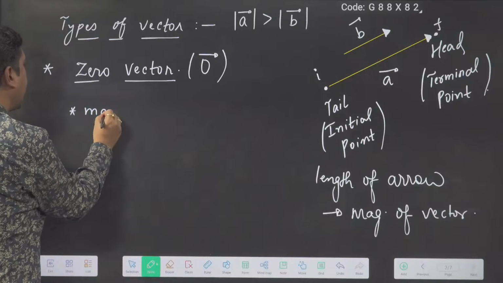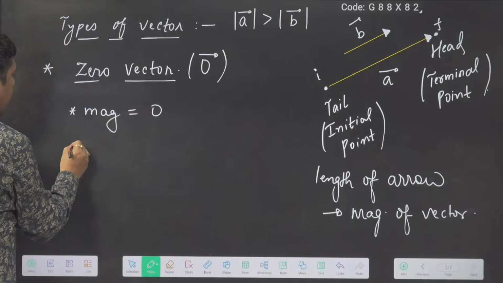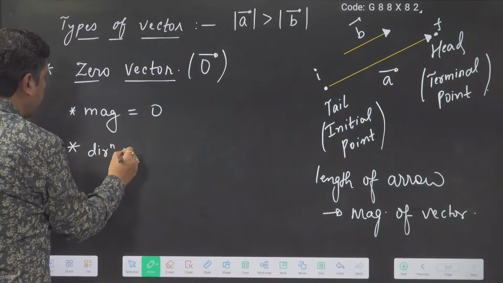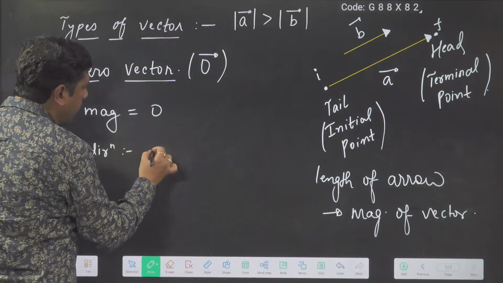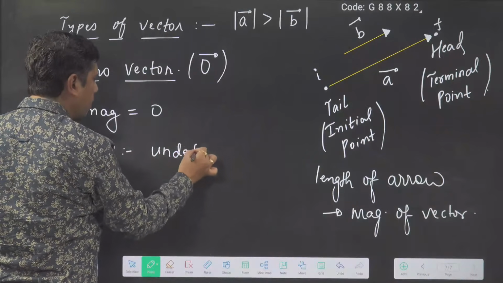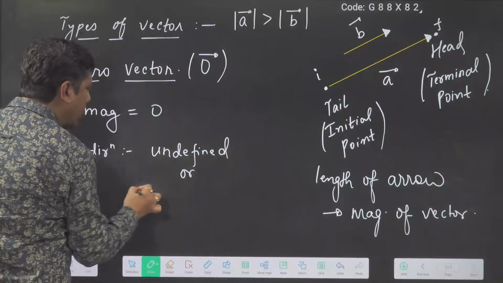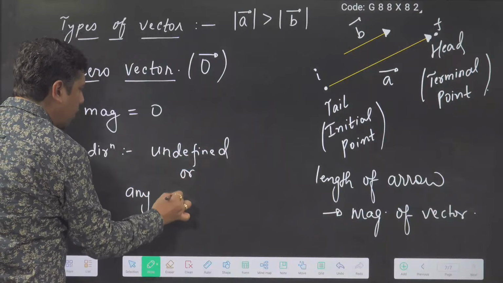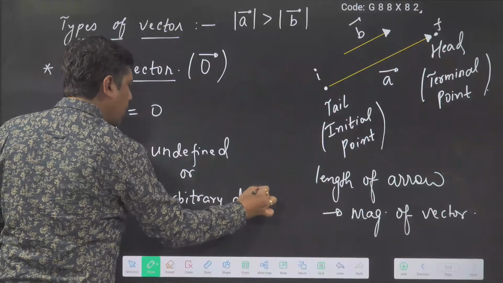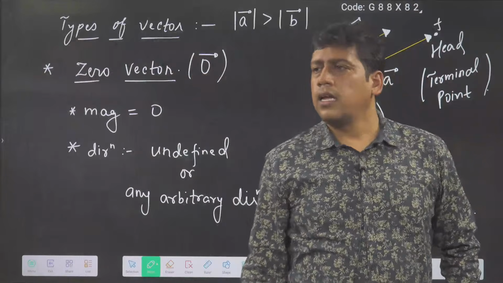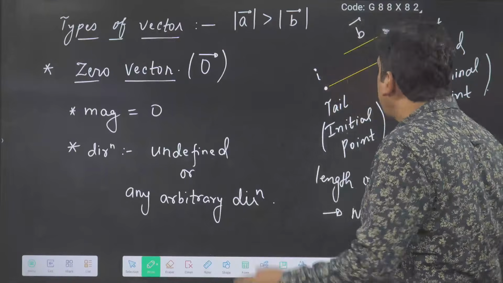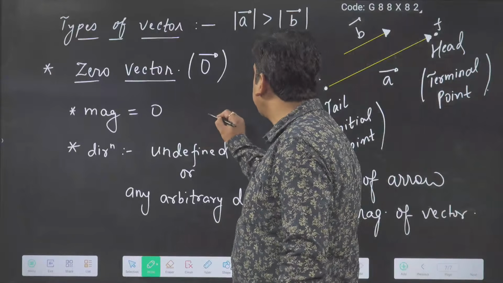Zero vector means its magnitude is 0, and for direction, if someone asks you in a theoretical question, either you can call it undefined, or you can say any arbitrary direction. Remember it, because there is no magnitude.